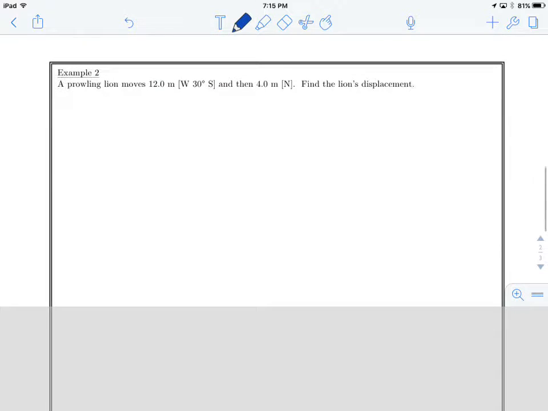Okay, so here's example 2, and we've got a line that moves 12 meters west, 30 degrees south, and then 4 meters north. So I'm going to go west, 30 degrees south. So here's my compass, and I'll always start like this. Here's west, here's south.